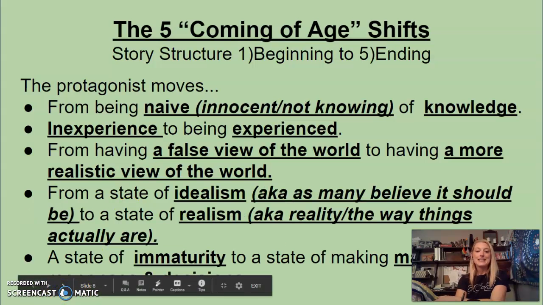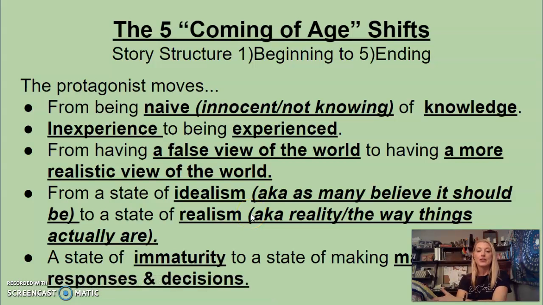From a state of idealism, also known as how many believe it should be, to a state of realism, also known as the reality of the way things actually are. One way that I use this as an example is that some people believe ideally that when you meet somebody, you should look them in the eye and give them a handshake.